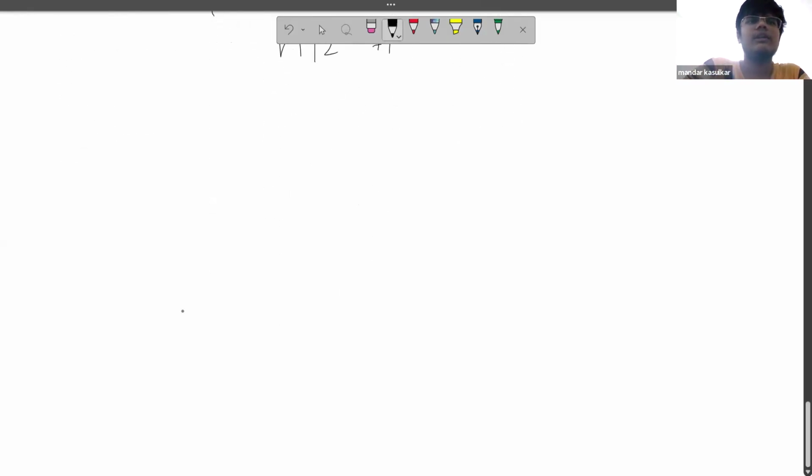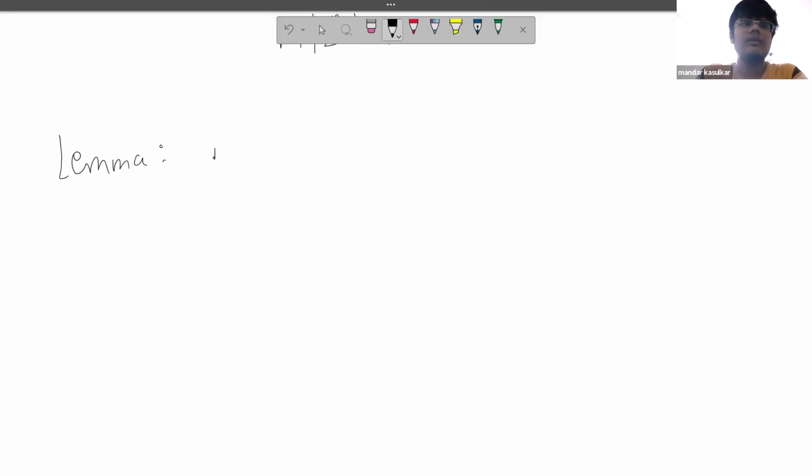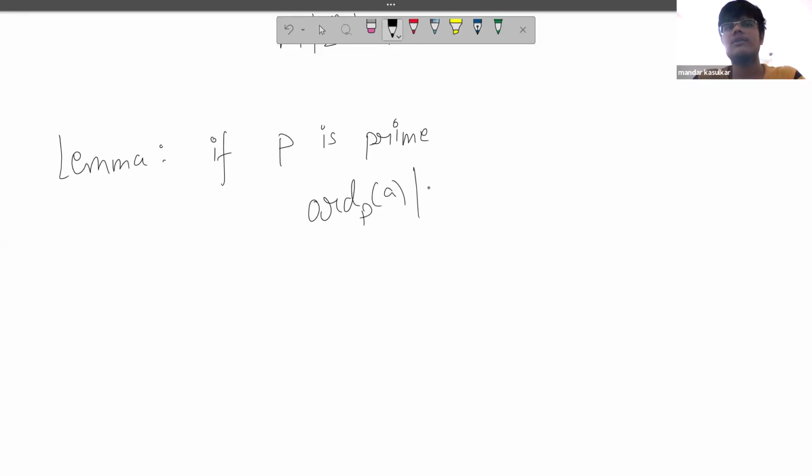Let's just prove another lemma. Lemma: if P is a prime, then order of A modulo P divides P minus 1. Can anyone tell me why this is?